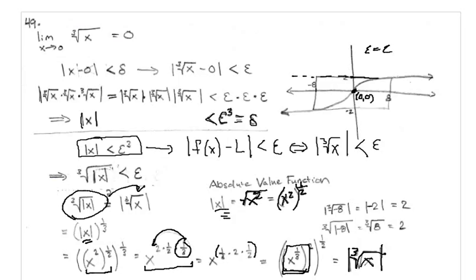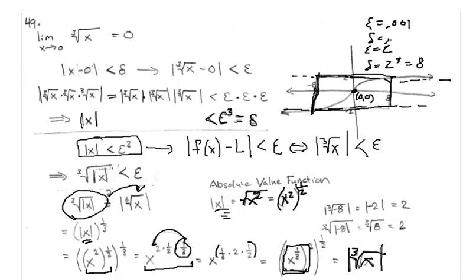This would be my height, and I would claim that delta would have to be 2 cubed, or 8. So the width of my box would be 8, or the half width, excuse me, and the half height would be 2.